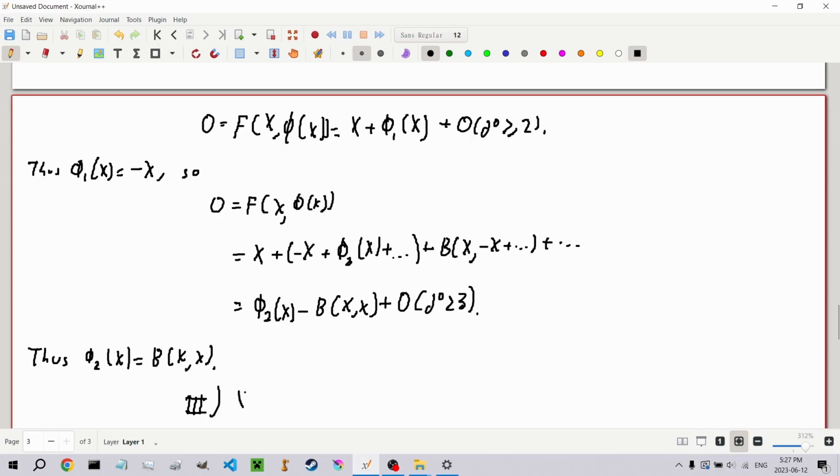Third equation, the conjugate of y by x can be written as y plus our bracket of x and y plus higher order stuff.